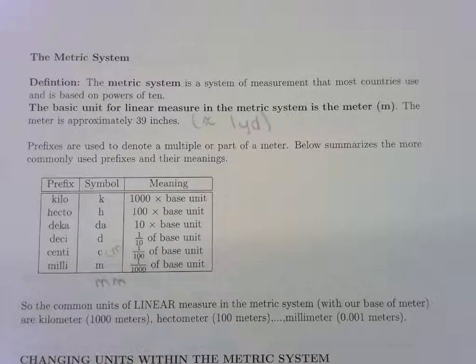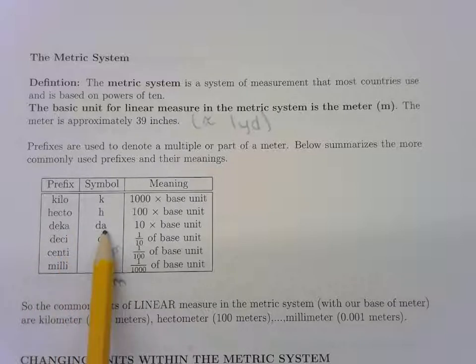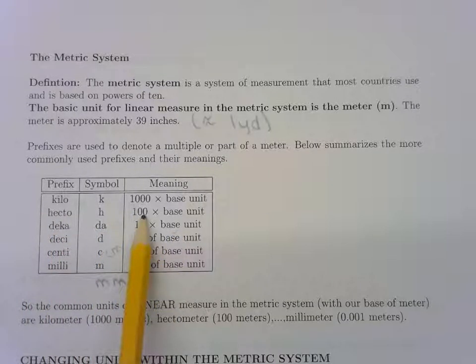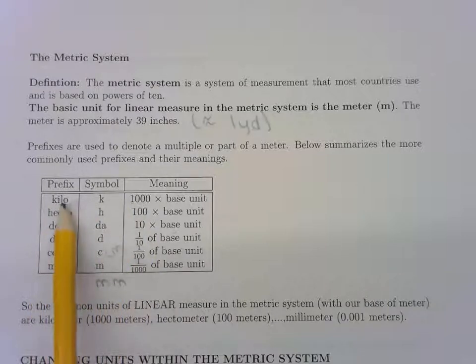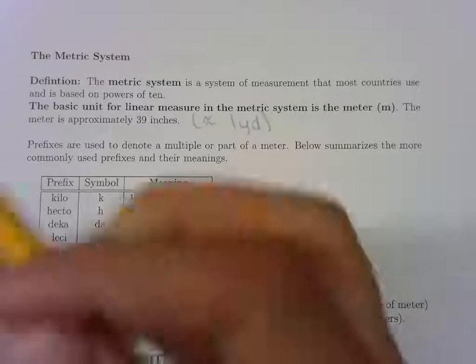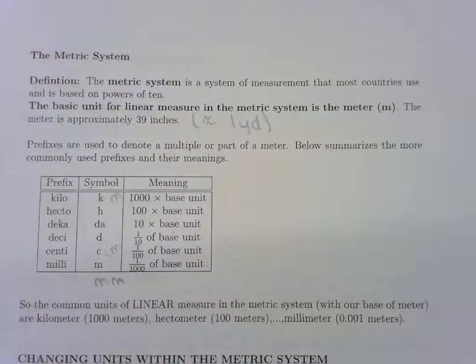It's 1/100 of a meter, so take about a yard, divide it up into 100 pieces, that's a centimeter. Decimeter, dm, is 1/10 of a meter. Decameter, dA, is 10 times, so that would be 10 meters. Hectometer is 100 times. And kilometer, which would be km, is 1,000 times the base unit.